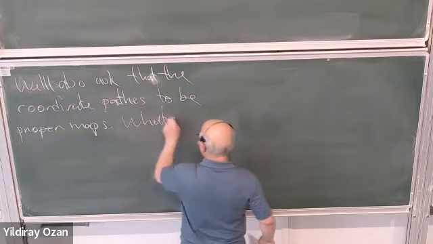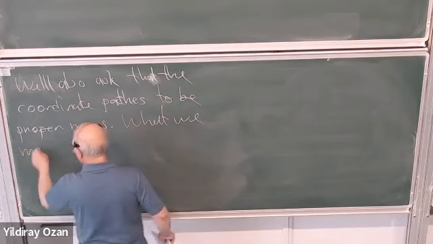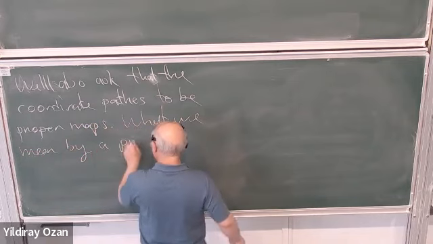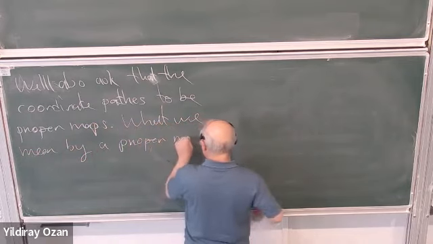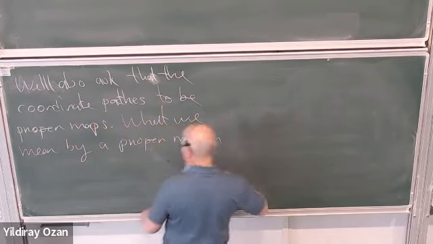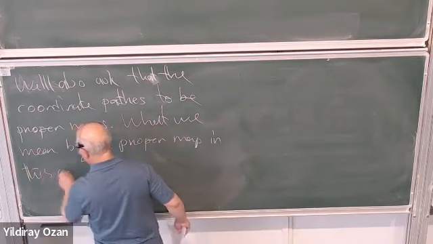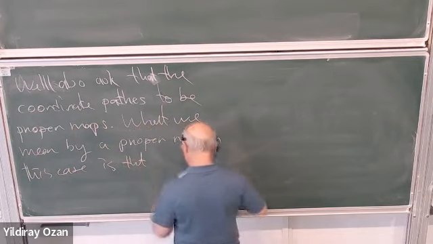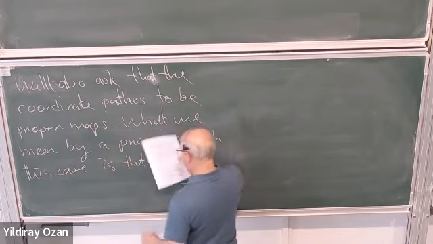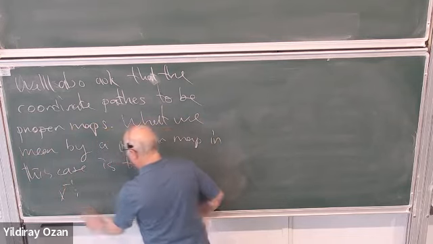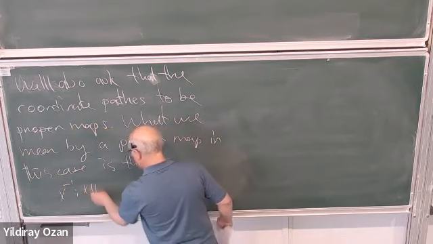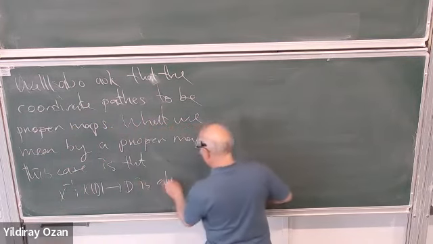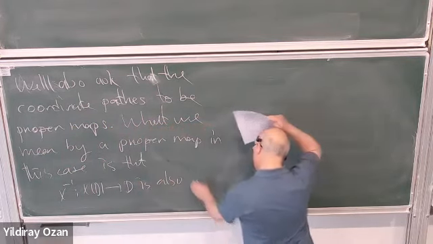What we mean by a proper map in this case is that X inverse from the image into D is also a continuous map.